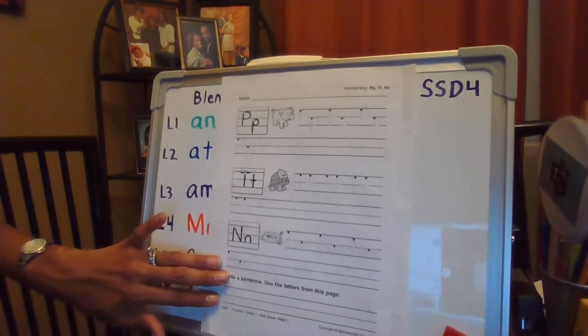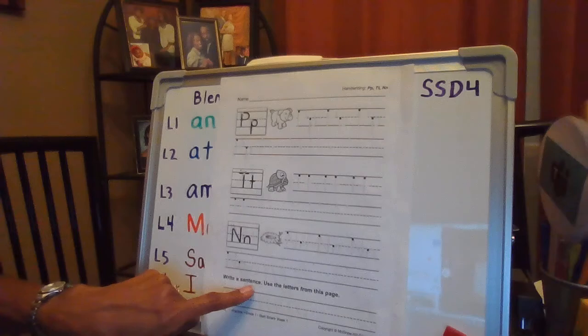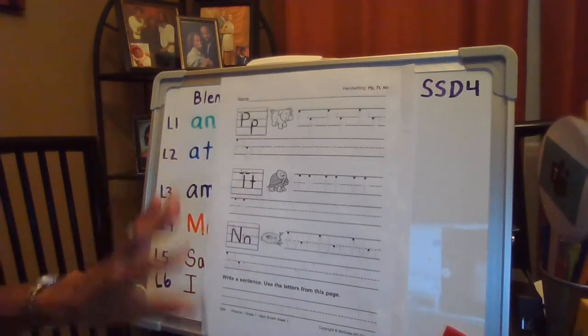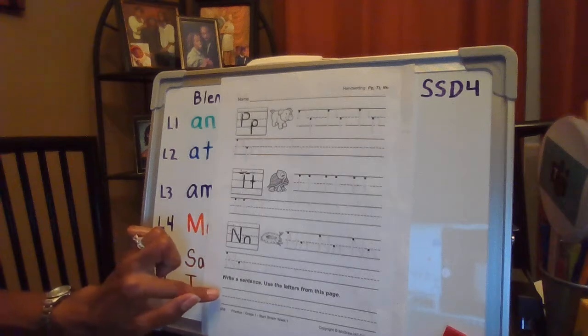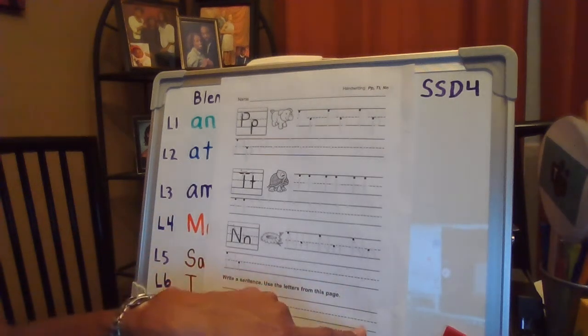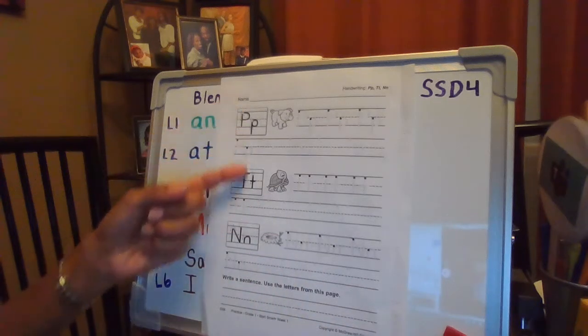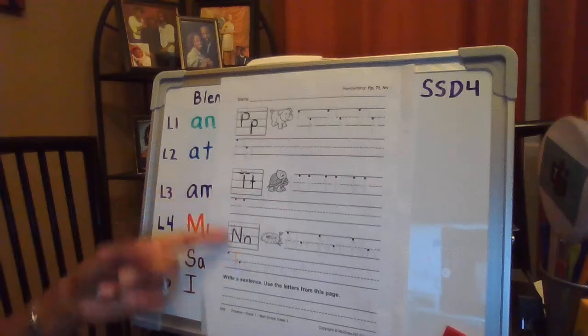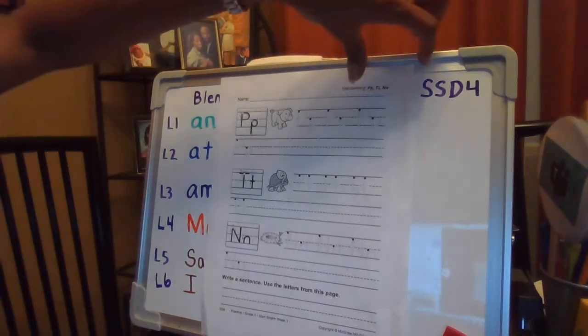Then at the bottom, it says write a sentence. Use the letters from this page. So any sentence, make sure you begin your sentence with a capital letter, end it with a punctuation mark. Just use one of these letters, okay?